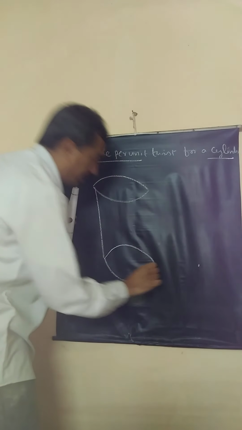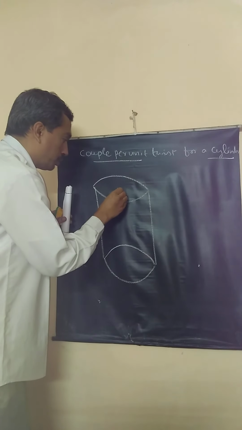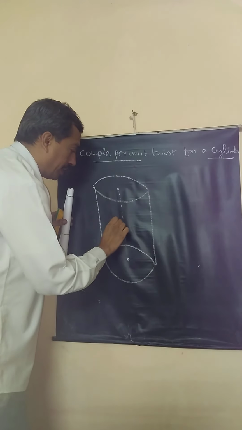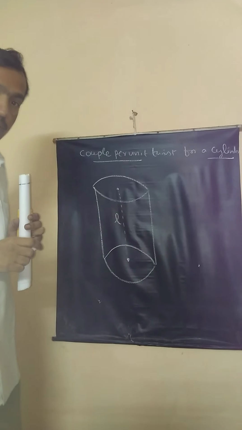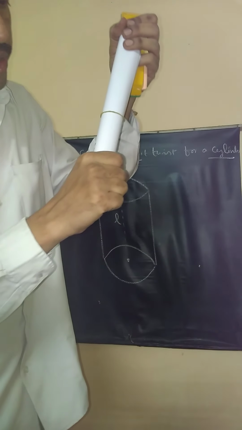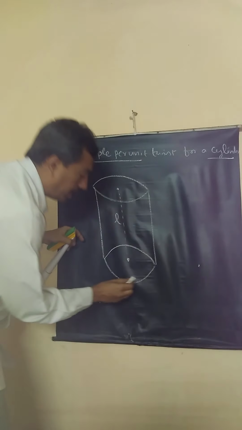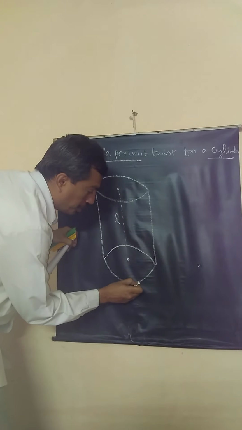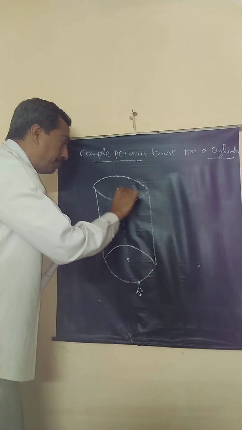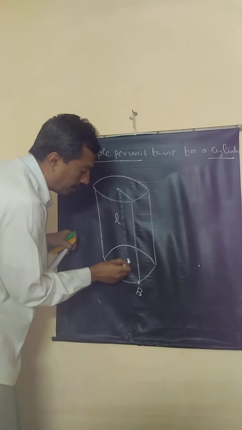The couple is applied at the lower end. So the axis of the cylinder be this one. Let the length of the axis be L. The point P which I showed you, which is getting displaced due to the application of the couple, let this initial position of the point B be here. So the point B can be imagined to be in this plane.